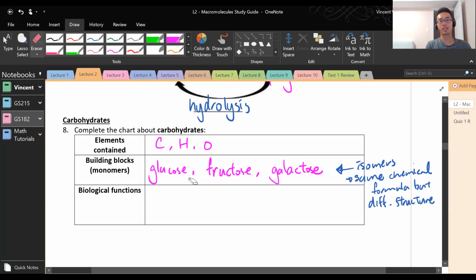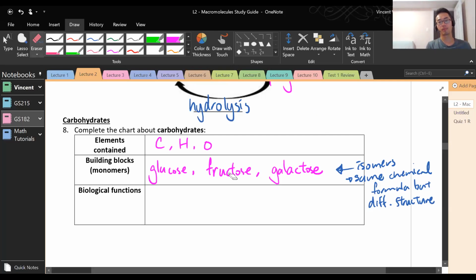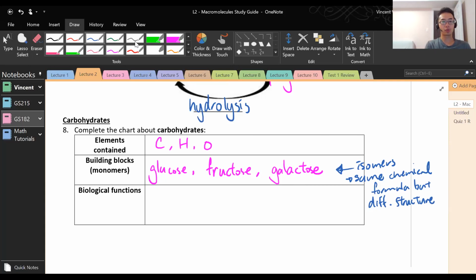They are all C6H12O6, but their configurations are different. Think of Lego, right? You buy a box of Lego to build a car. You can take it apart and build it into a boat. It's the same Lego pieces, same atoms, but different configuration. So that's what glucose, fructose, and galactose are.